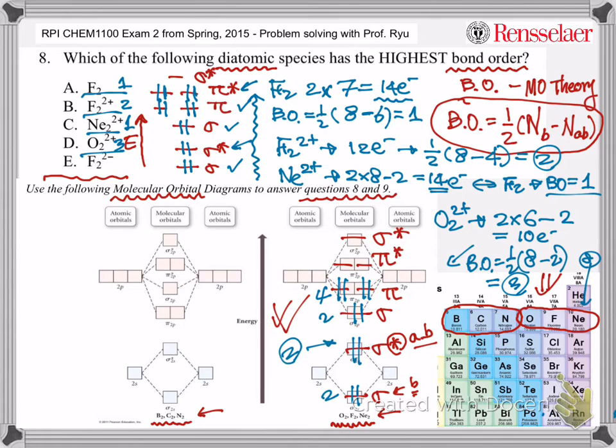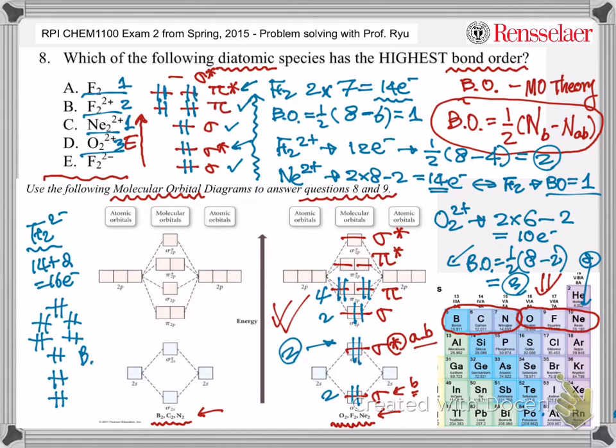Okay, the last one is F2 2 minus. F2 neutral is 14, plus 2 more electrons, so you have 16 electrons in total. With sigma, sigma star, sigma, pi, pi star, sigma star, and 1, 2, 3, 4, 5, 6, 7, 8, 9, 10, 11, 12, 13, 14, 15, 16, you have filled up everything.